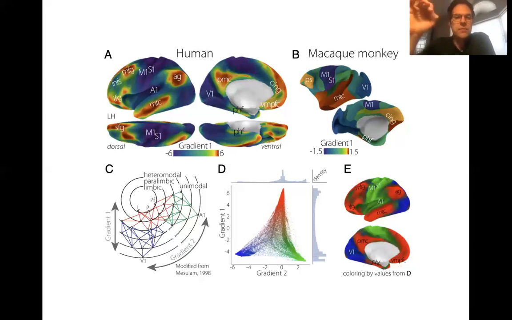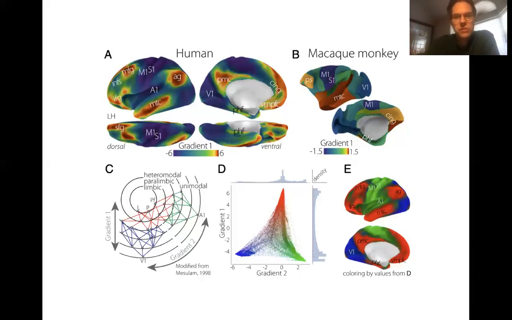So how gradients work is they are based on the similarity of a region's connectivity to the rest of the brain. It's one step removed from the time series. Instead of looking at how two voxels in the brain are correlated to one another, gradients ask how correlated are the connectivity profiles of these two voxels.